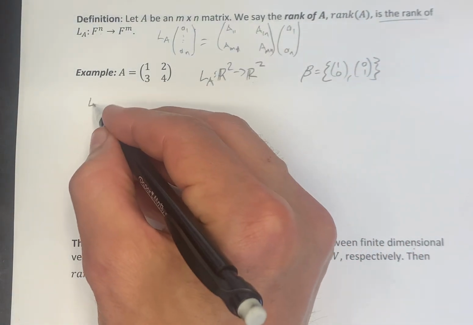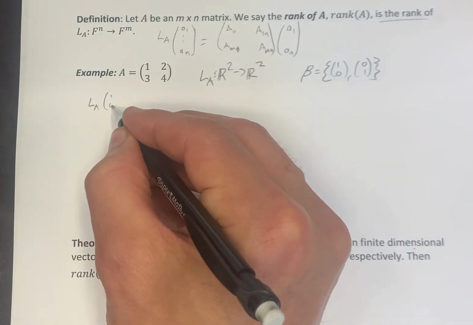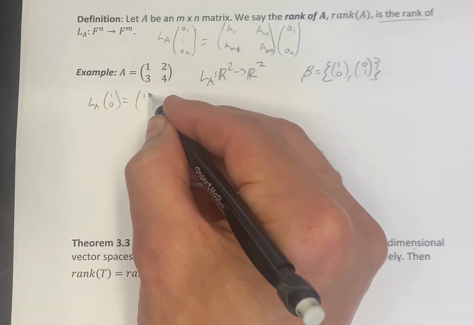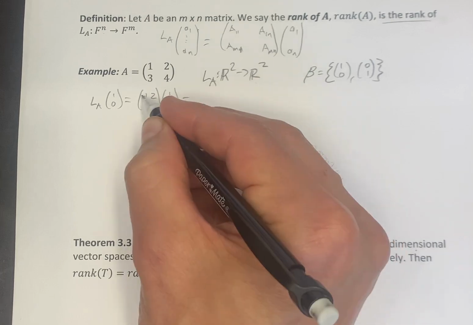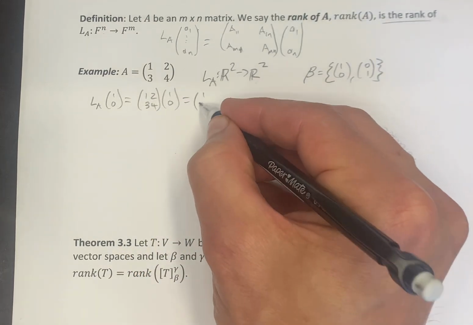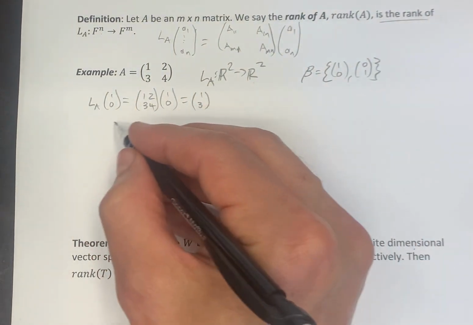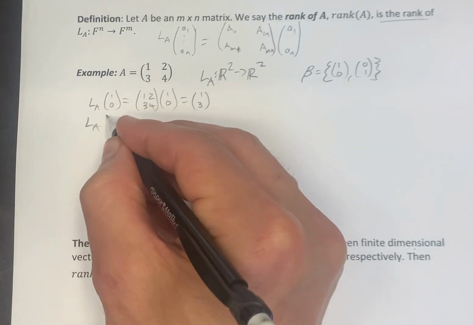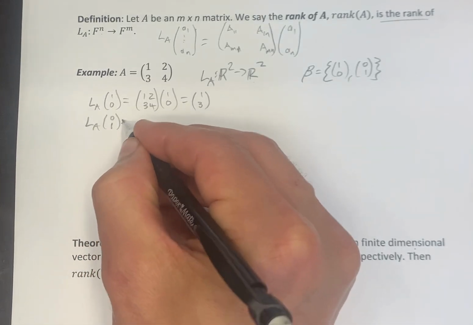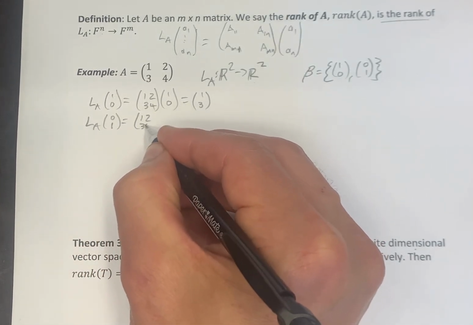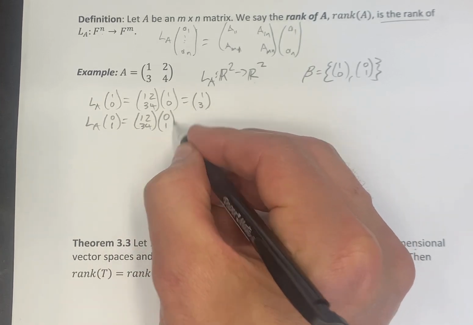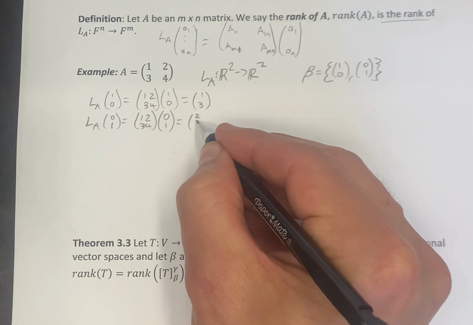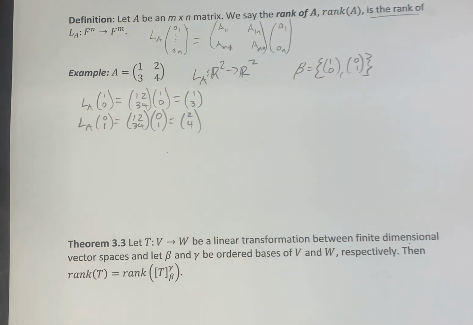If I did L_A applied to (1, 0), that's the matrix with rows 1, 2 and 3, 4 times (1, 0), which gives me (1, 3), right? And what's L_A of (0, 1)? Right, that's somehow the second column vector, (2, 4), right?